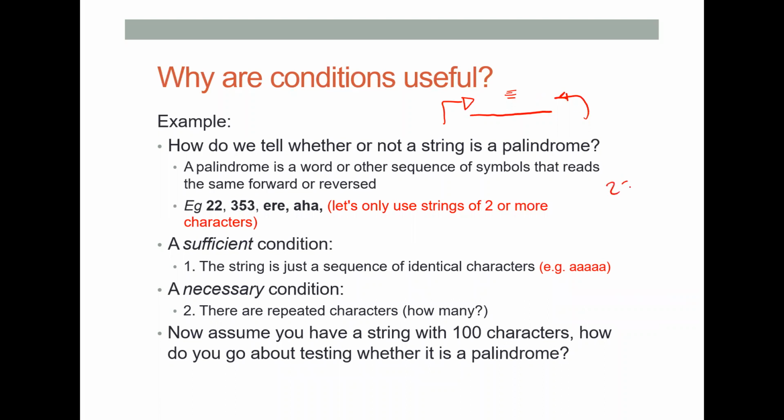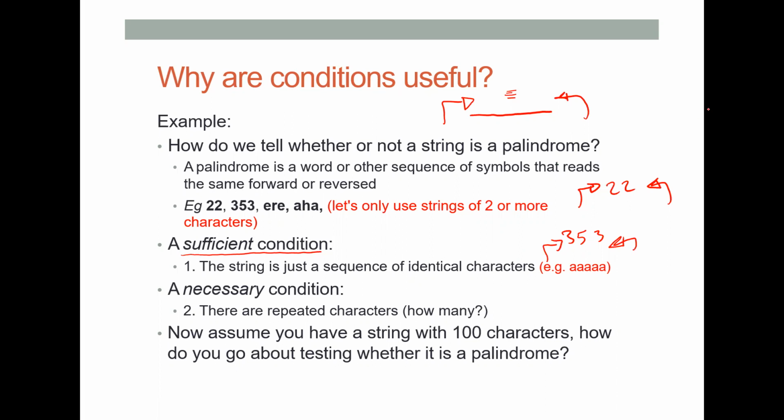So like 2, 2: when you read it from left to right, it's the same as when you read it from right to left. 3, 5, 3: the same. I'll try to put a condition in order to say that this is a palindrome. A sufficient condition, if you find it, is fair enough to say that this is a palindrome.